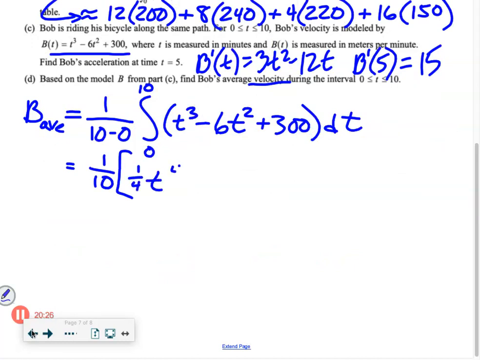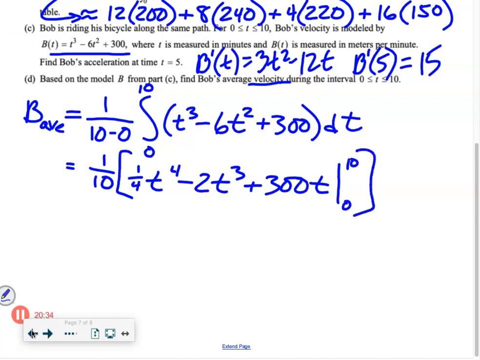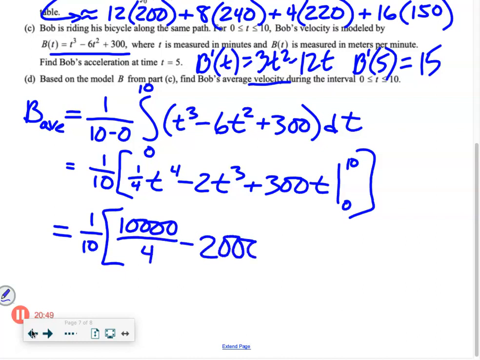1/4 t to the 4th minus 2t cubed plus 300t from 0 to 10. Plugging in, 1/10 times 1 with 4 zeros over 4, minus 2 with 3 zeros, plus 3 zeros.